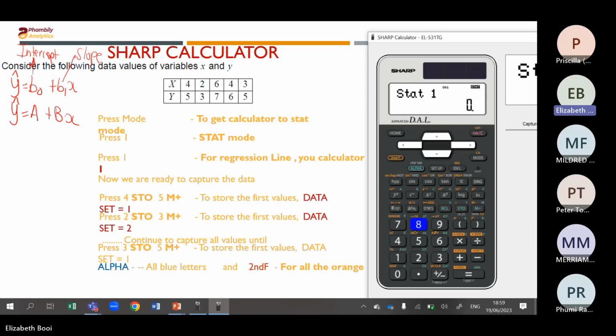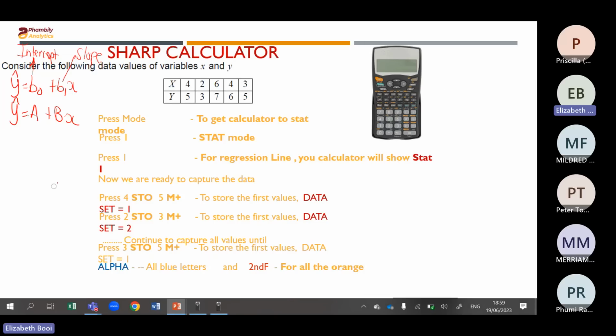The buttons that we are actually looking for is the open bracket. Our a on this one is small a, and our b. So do not use the capital letter A's and B's on your Sharp calculator.